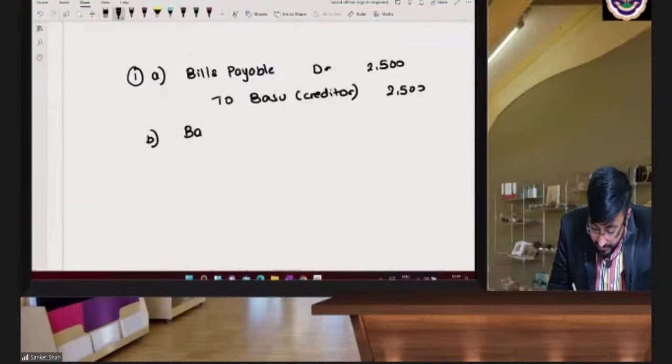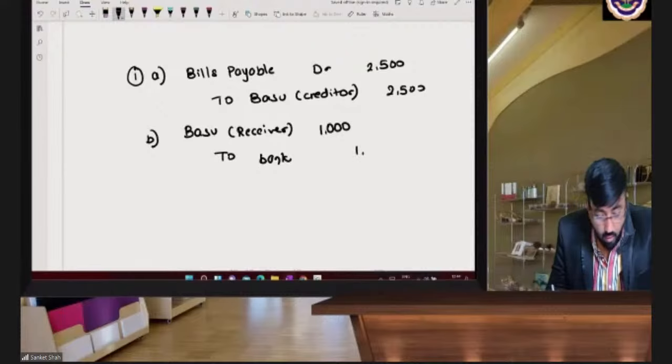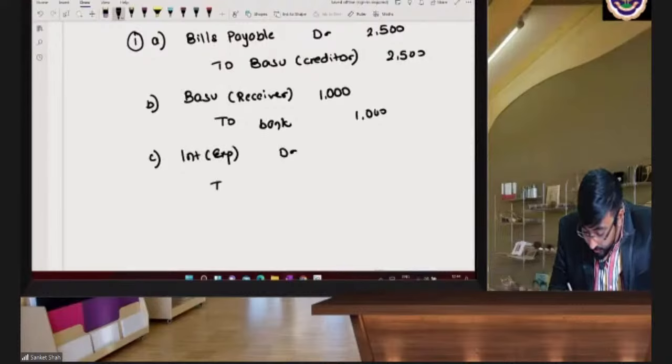Basu is a receiver. To bank, we paid 1,000 rupees. C, interest, our expenditure, to Basu, our creditor.